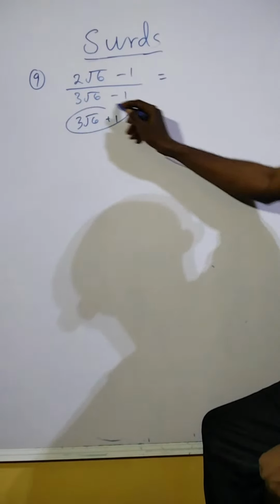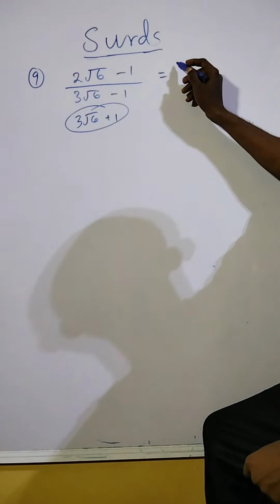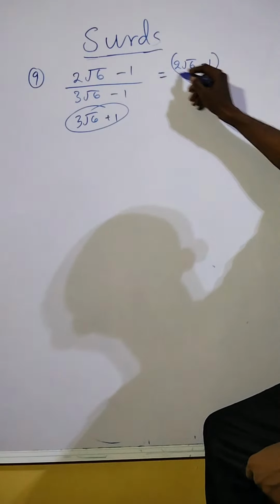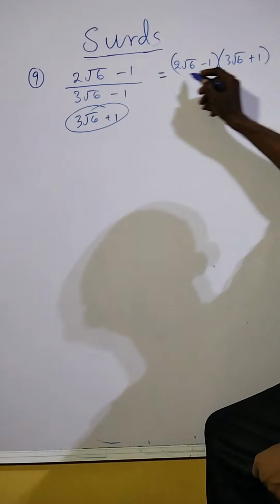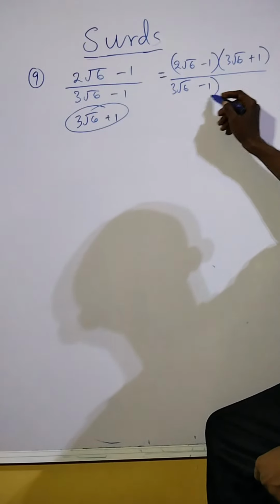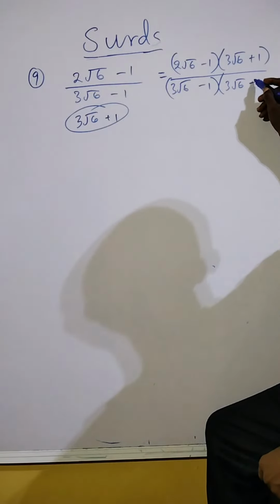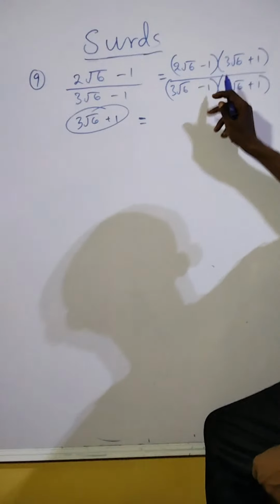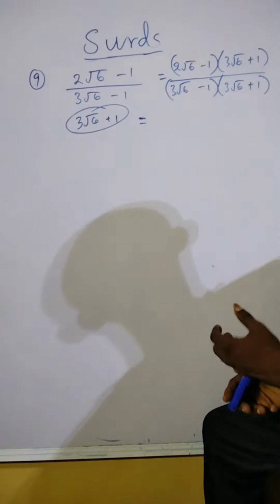Use this now to multiply the numerator and denominator, and this becomes (2 root 6 minus 1) times (3 root 6 plus 1), also divided by (3 root 6 minus 1) times (3 root 6 plus 1). That is now, when we expand this, what is in this bracket are not the same thing, so we cannot square it like before.